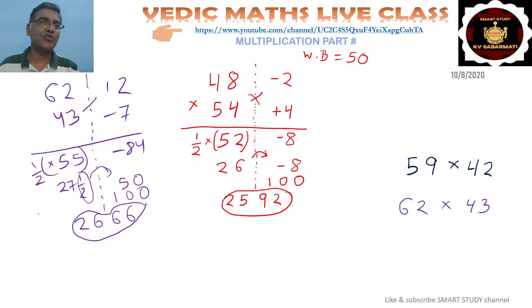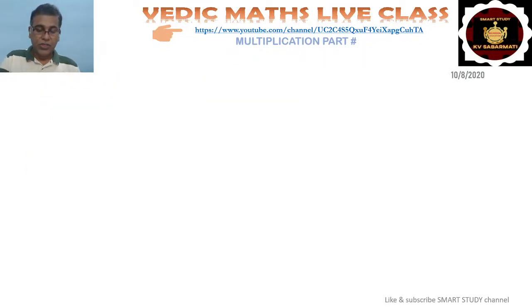Then how we will proceed? Okay, let us take a new slide. Suppose the two numbers, one number is 38, and another number is 45. Then how I will use the formula? Here you can see, 38 and 45 both are nearer to 40.